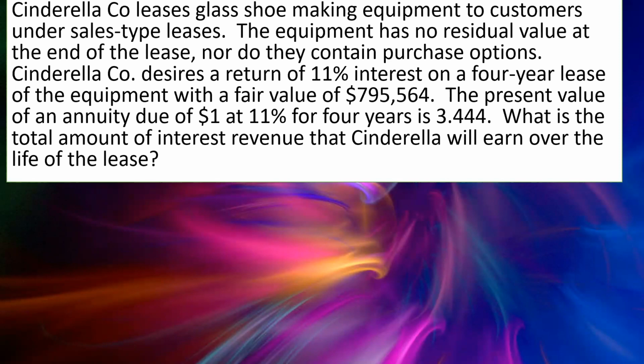The present value of an annuity due of $1 at 11% for 4 years is 3.444. What is the total amount of interest revenue that Cinderella will earn over the life of the lease? Whew, that is a doozy of a question. Go through, figure out what you need, and then we'll work through it together.